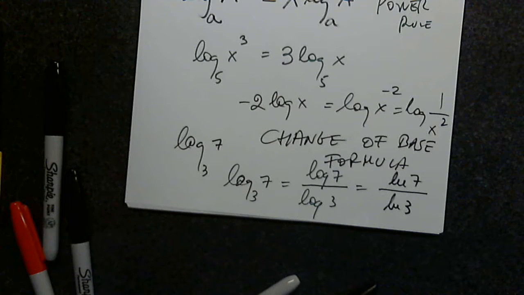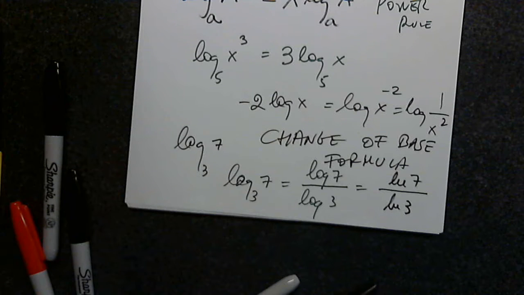Let's put it in the graphing calculator and see what happens. So go back to the graphing calculator. So let's say log 7 divided by log 3 must be the same as natural log 7 divided by natural log 3. As long as you are consistent, there is only one number.